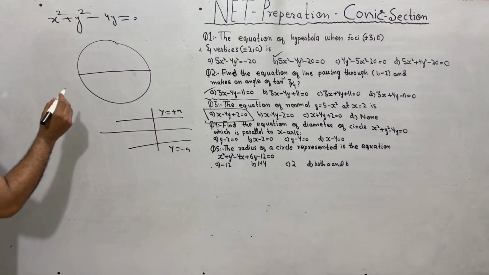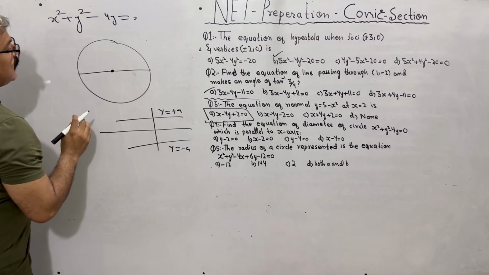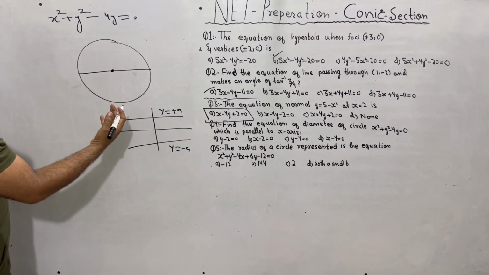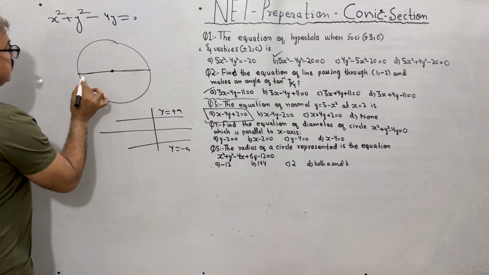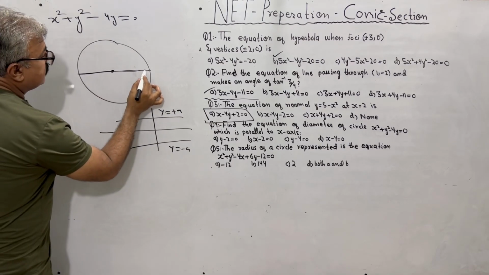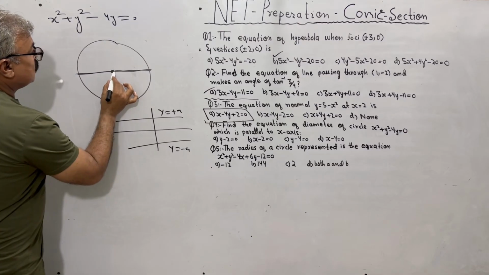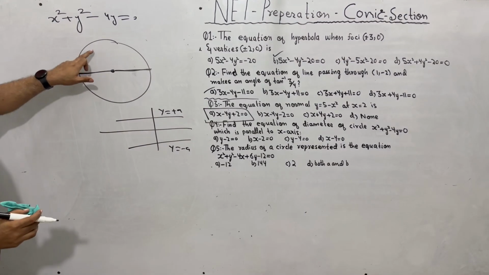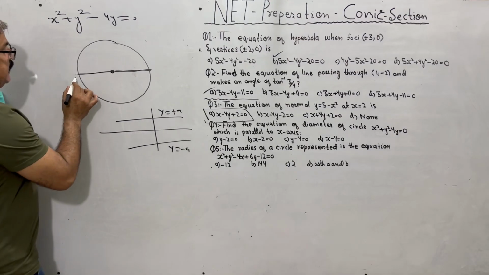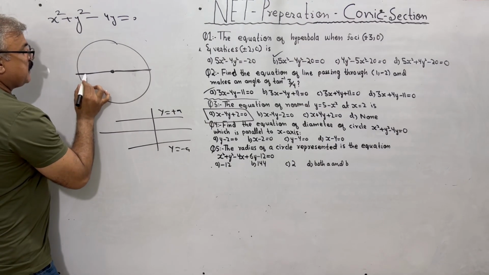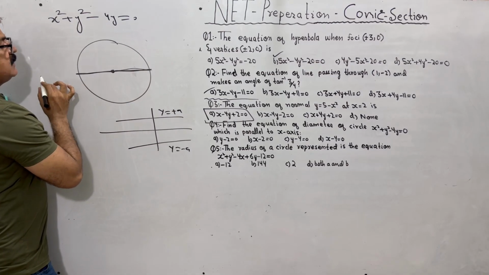But we are familiar: diameter is the line that passes through the center. So the center of this circle works wonders for us. Diameter is a line that passes through the center of the circle.